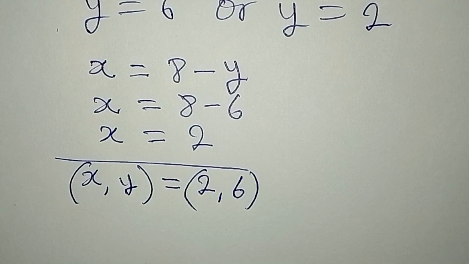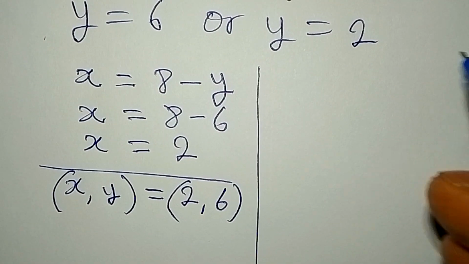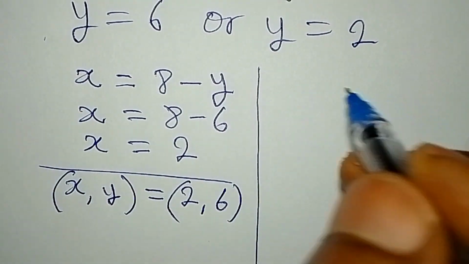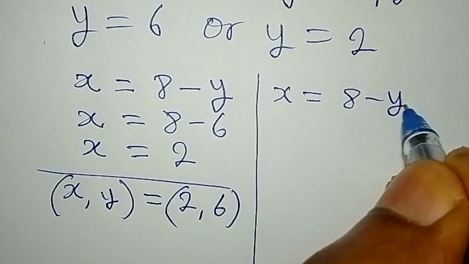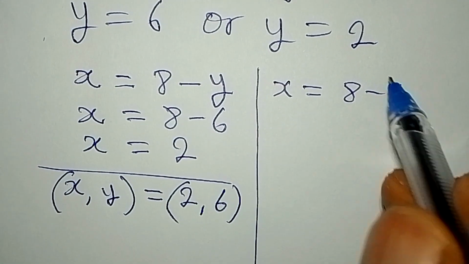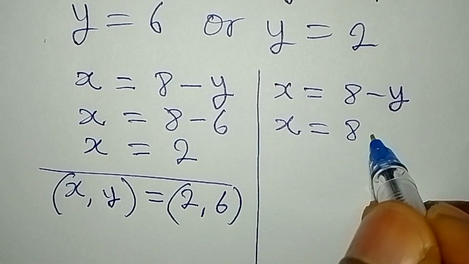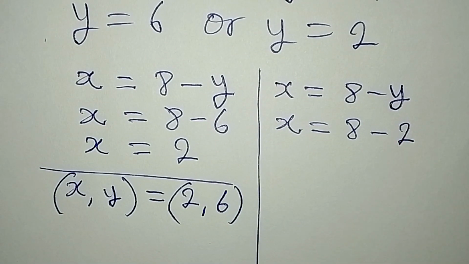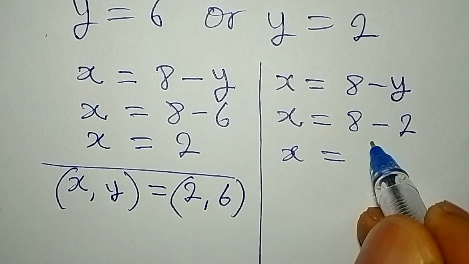Okay, now let's go back to the other side and get the value of x as well. So x still remains 8 minus y, but in this case our y is 2, so x will be equal to 8 minus 2, and then our x will be equal to 6.